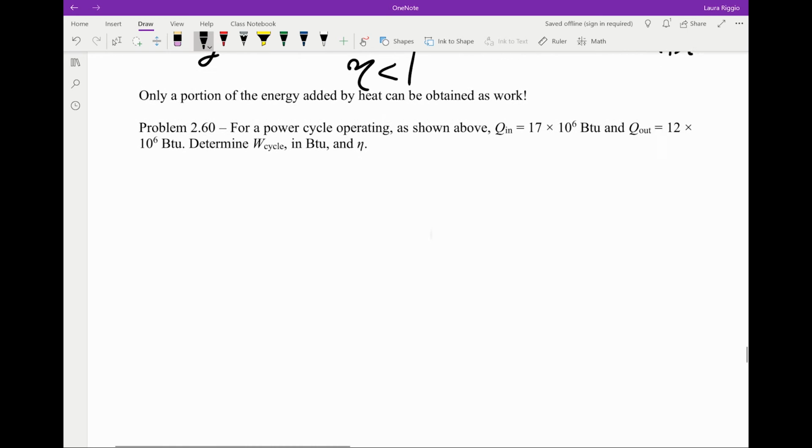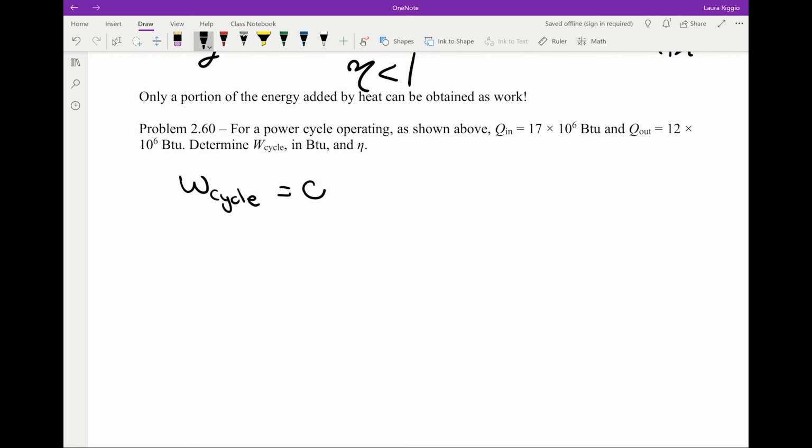So we're going to do a quick problem. For a power cycle operating as is shown in the picture that I drew, Q in is 17 times 10 to the 6 BTUs, and Q out is 12 times 10 to the 6 BTUs. We need to determine W cycle and our efficiency. So W cycle is equal to Q in minus Q out, which is equal to 17 times 10 to the 6 minus 12 times 10 to the 6.